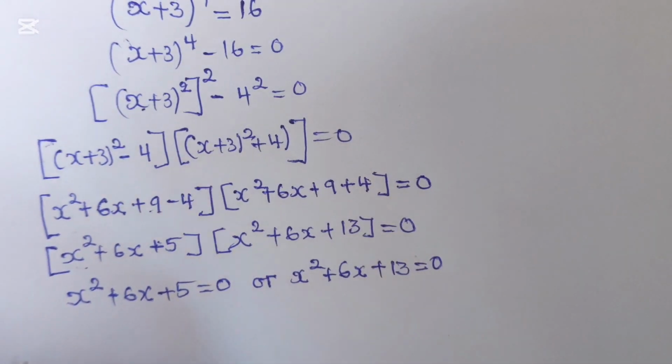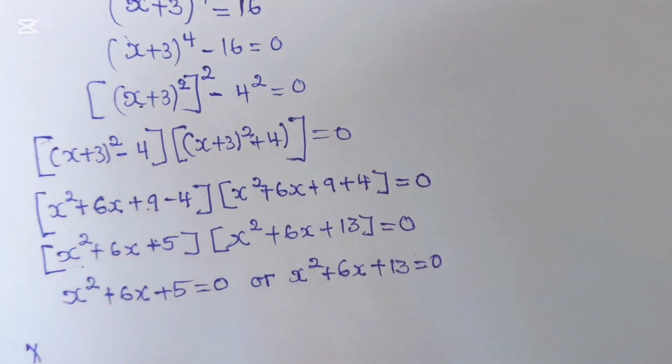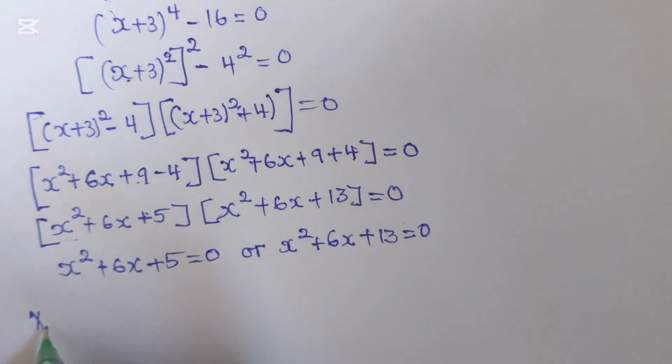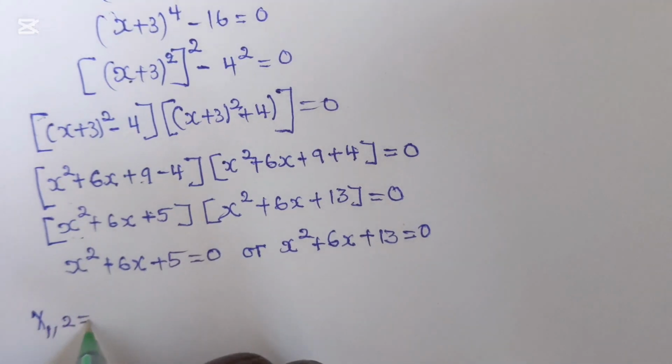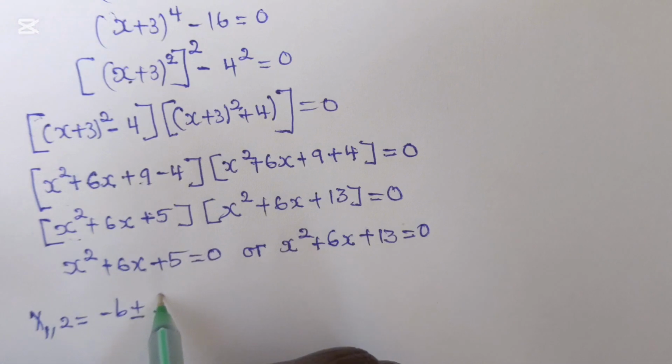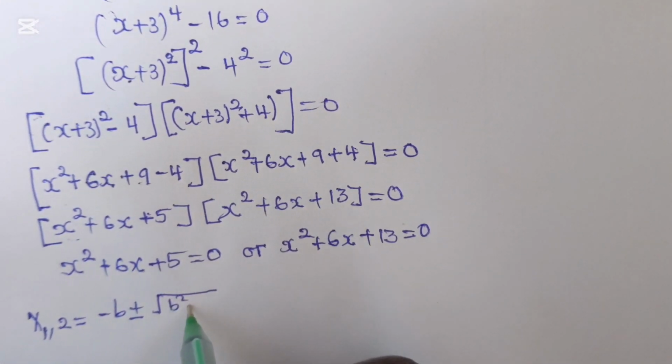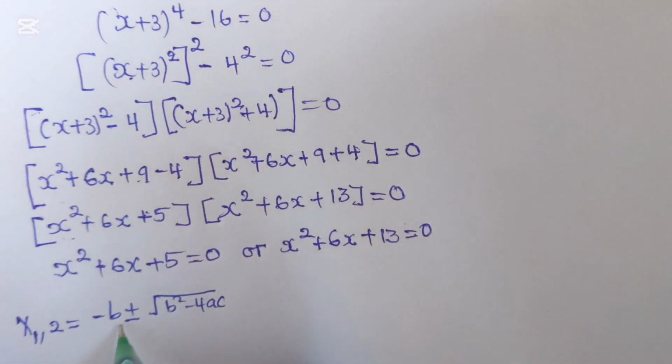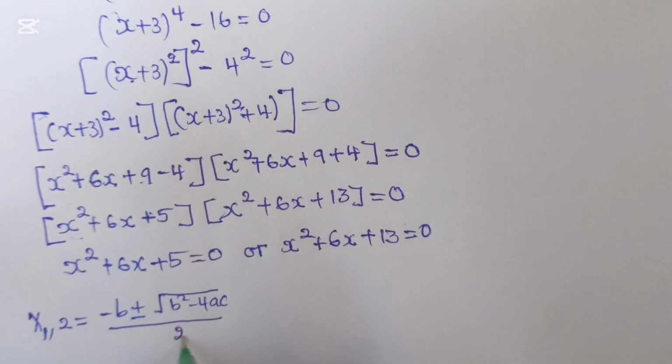So now x1 and 2 will be here negative b plus or minus the square root of b squared minus 4ac, over 2a.